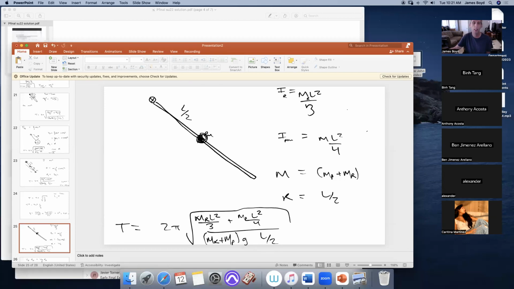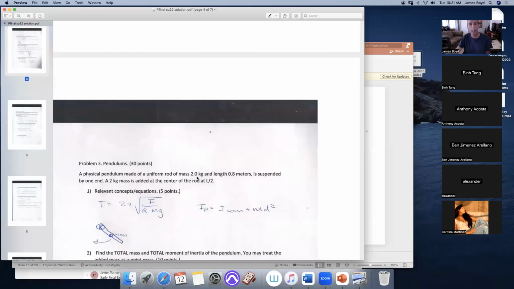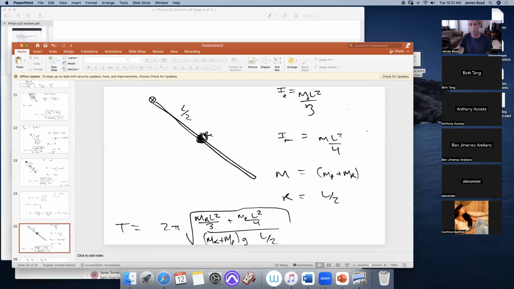And you were given the mass of the rod is 2, the length of the rod is 0.8, and the point mass is 2. So MR and MP are both 2. So this would be 2 times 0.8 squared over 3 plus 2 times 0.8 squared over 4 on the top.